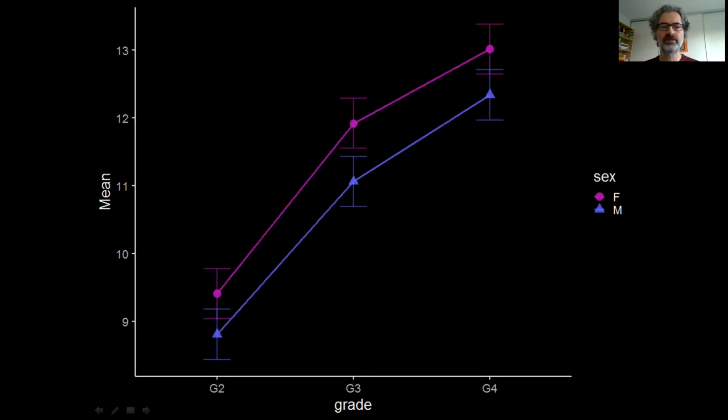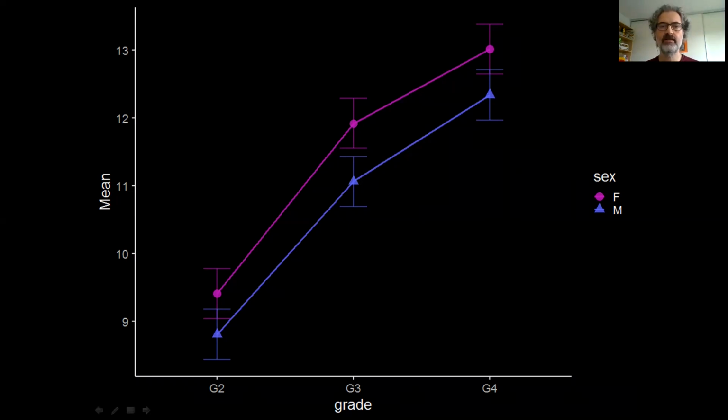And we also see the lines that join the grades. So we see clear differences between grades for boys and for girls. And of course, when you have two variables in an analysis of variance, usually the interesting question concerns the interaction.